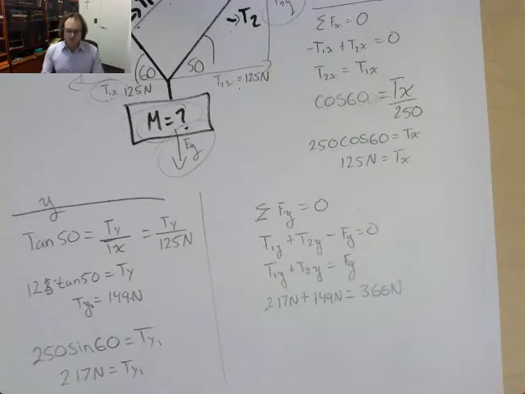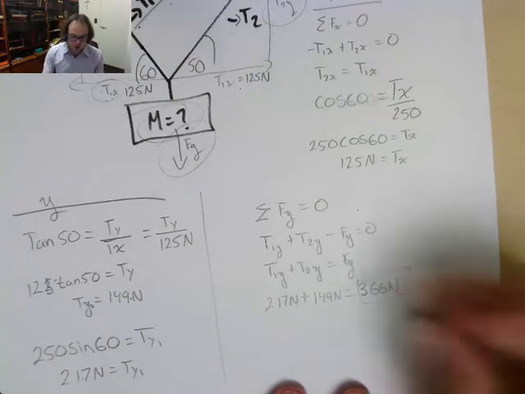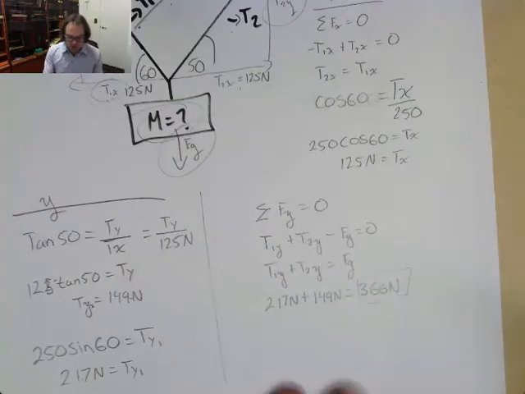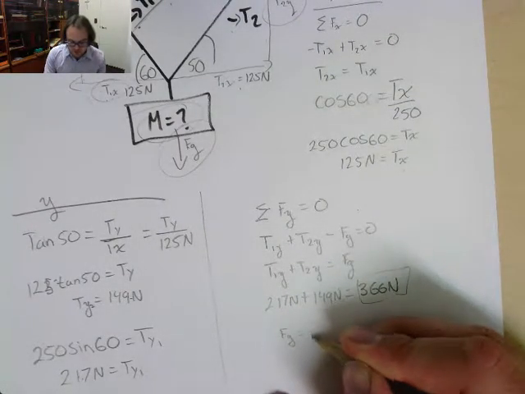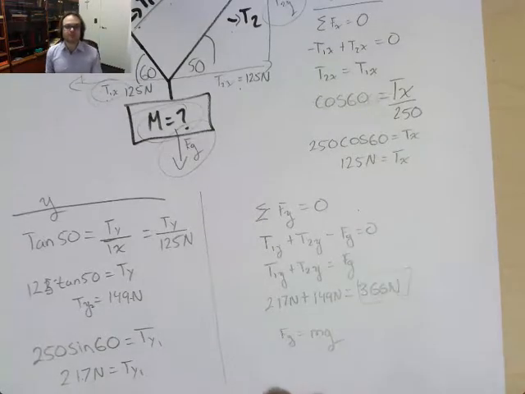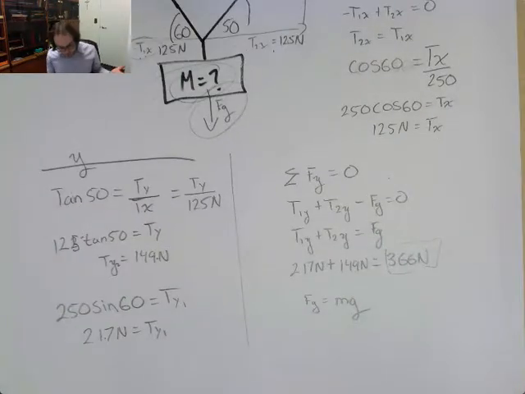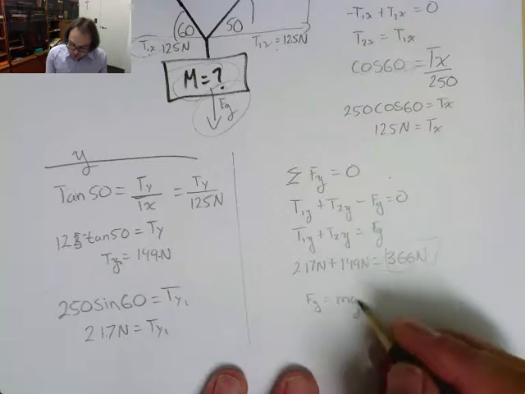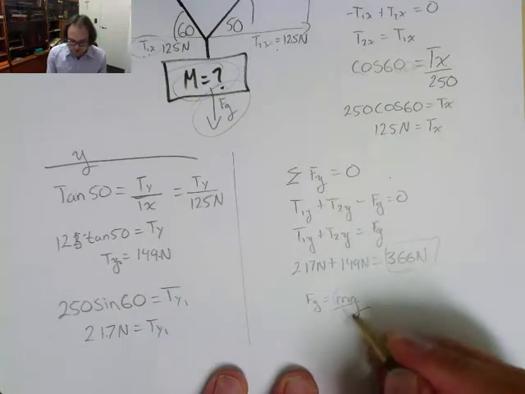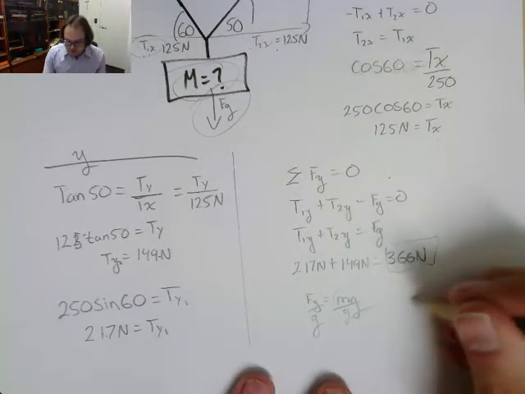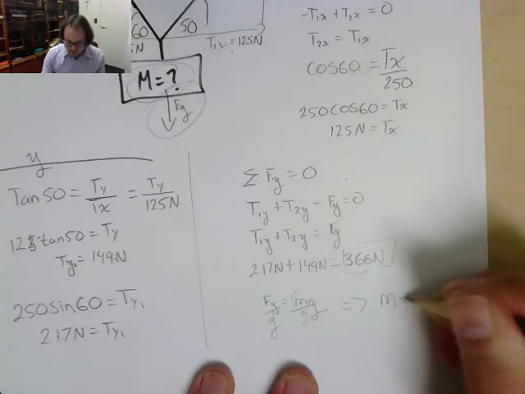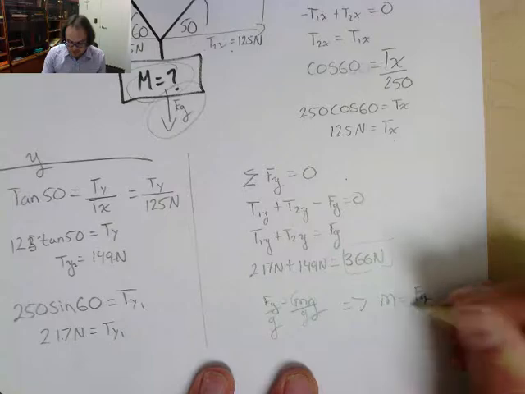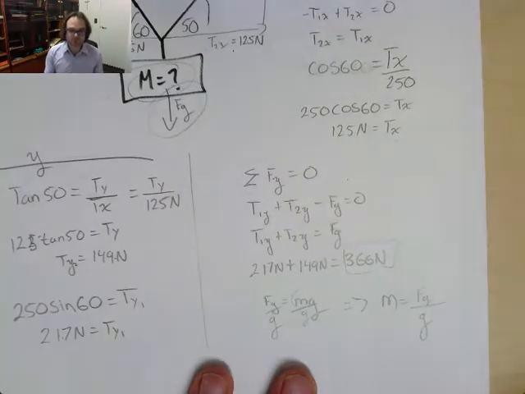Okay? But I want to know my mass. So I know force of gravity is equal to mass times gravity. To solve for mass, I just divide both sides by gravity. So I end up getting mass is equal to my force of gravity divided by gravity.